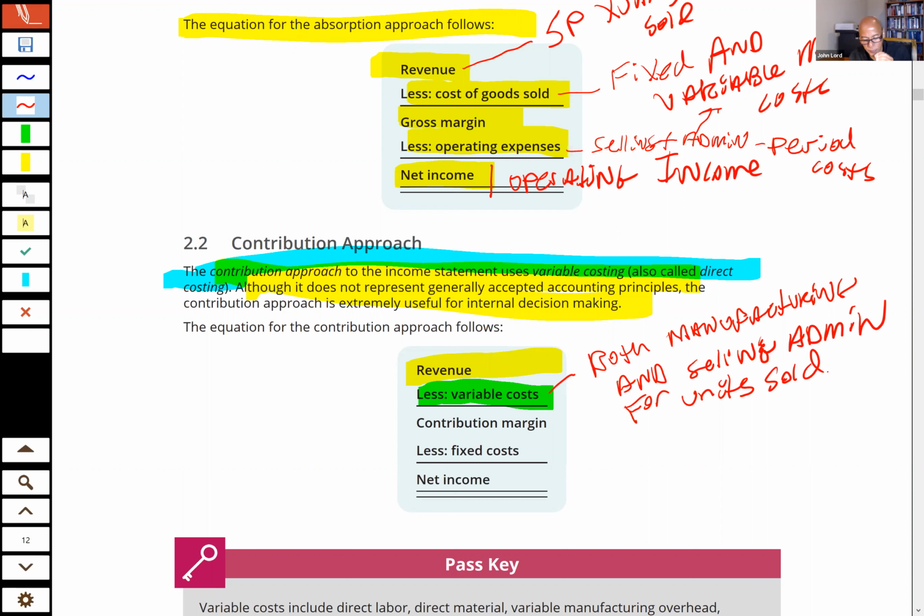All variable costs go there. That gives us the contribution margin. They call it contribution margin because it will first contribute to covering any fixed cost, and then whatever's left over will contribute to our net operating income.